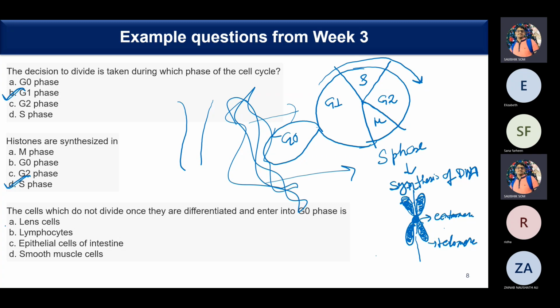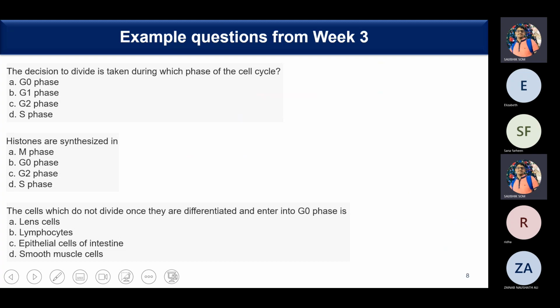So the cells that cannot divide are actually the lens cells. More specifically, part of my PhD work is in cornea and lens. If this is our lens, it is not that all our lens cells do not divide.